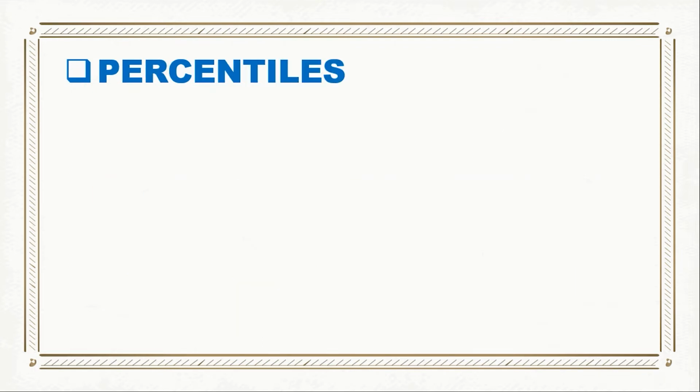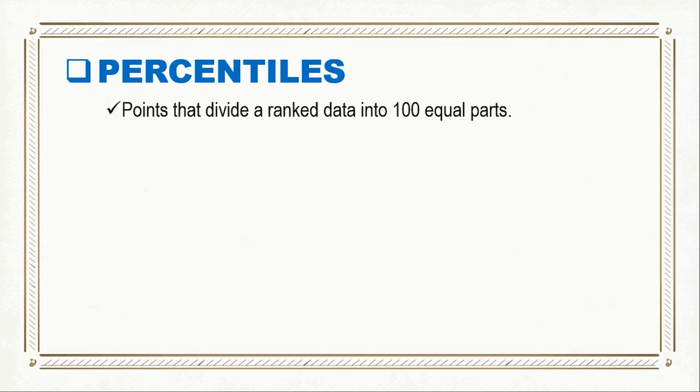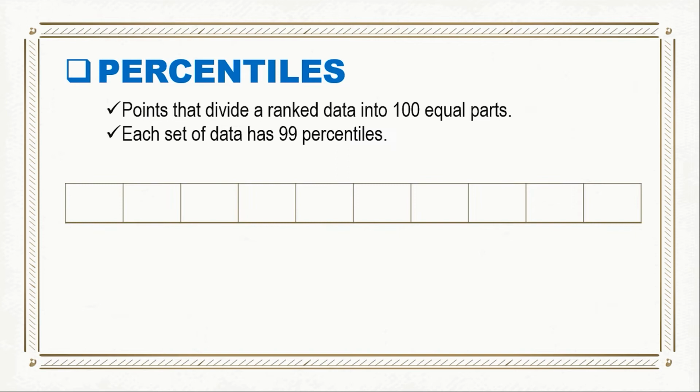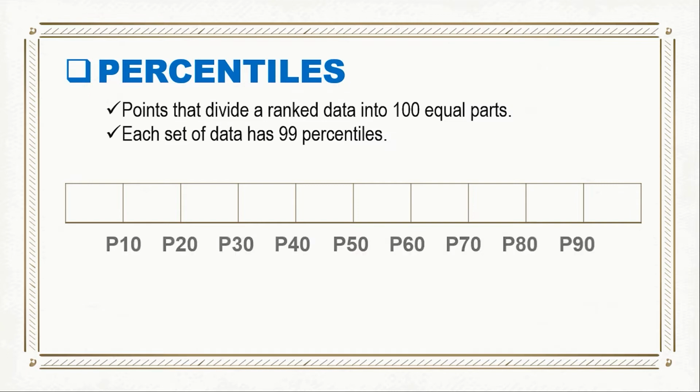Now let's proceed with percentiles: points that divide rank data into 100 equal parts, and each set of data has 99 percentiles. As you can see, we have 10 equal parts, and each part is equivalent to 10 parts. Therefore, we have 100 equal parts, and each set of data has 99 percentiles. We have here P10 up to P90.